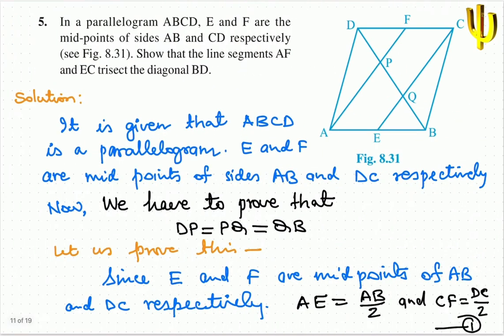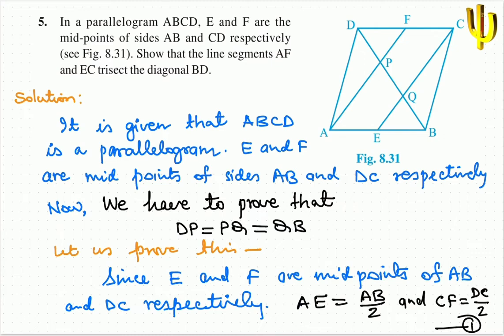So question 5 is: in a parallelogram ABCD, E and F are the midpoints of sides AB and CD, so that the line segments AF and EC trisect the diagonal BD.